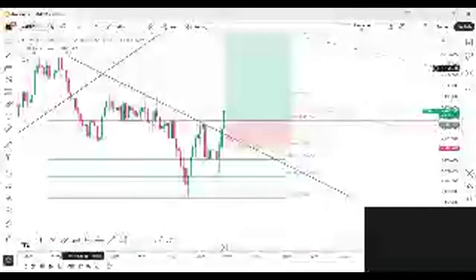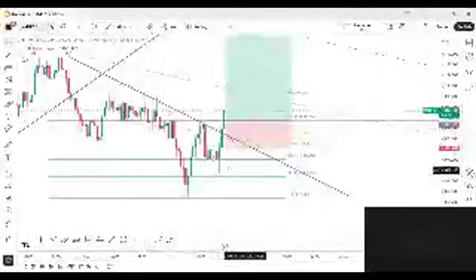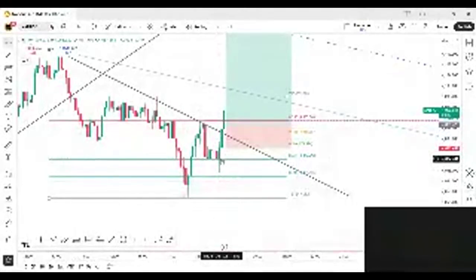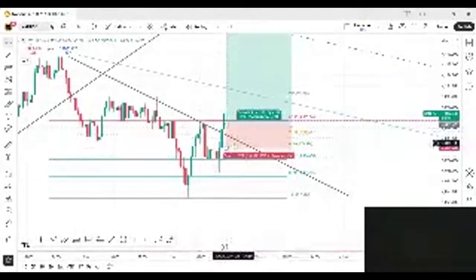So right now one confirmation of the buy is this trend line, the second confirmation is that the market respected the retracement area, and so we just wait.